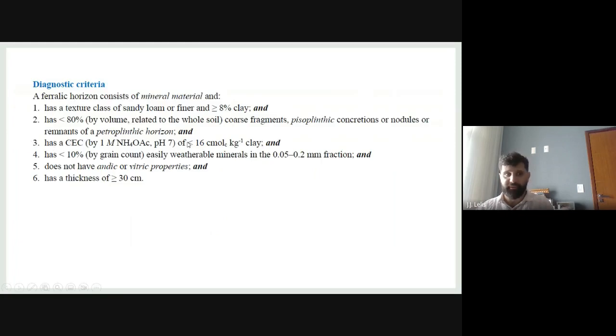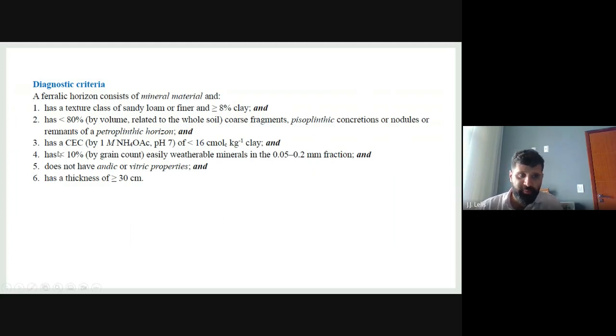Beyond this content of clay and the CEC, it should possess less than 10% of easily weathered minerals. As I said, it should not present a high content of feldspar, pyroxene, plagioclase, and other minerals.